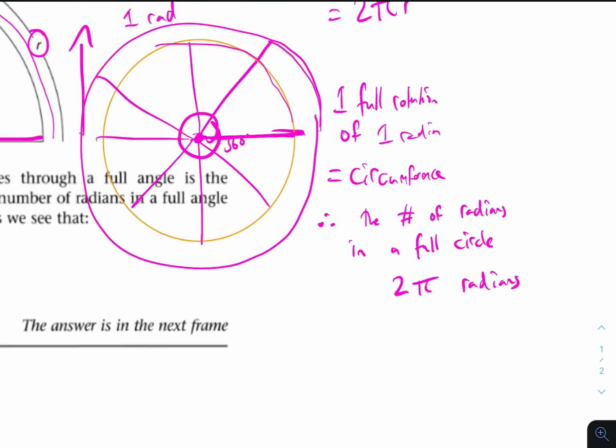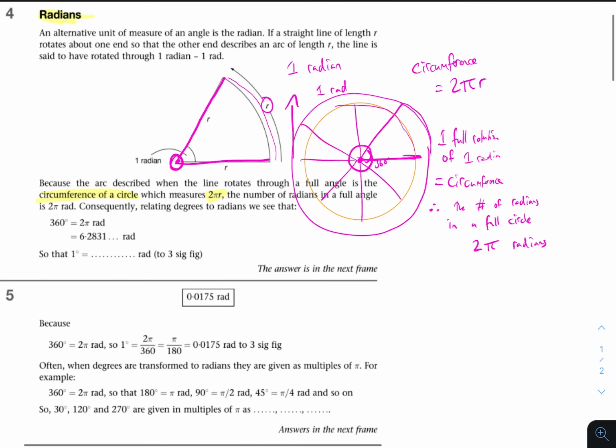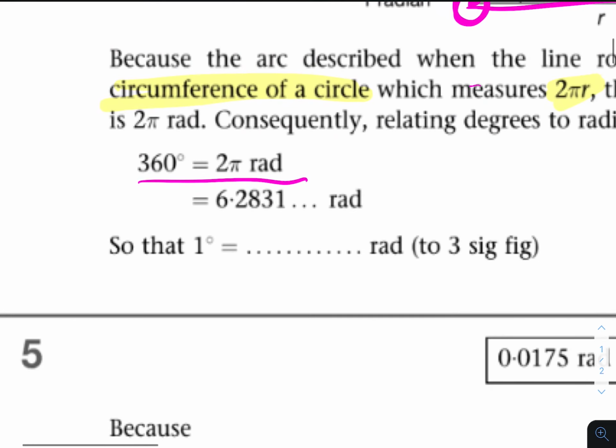Yeah, very straightforward. Okay, so 360 degrees is equal to 2 pi radians.